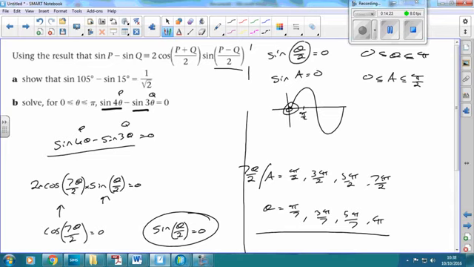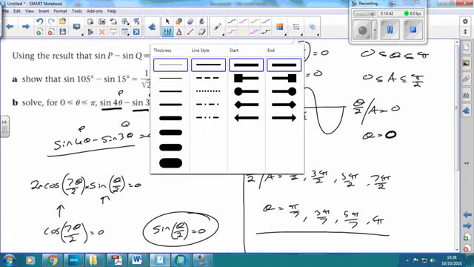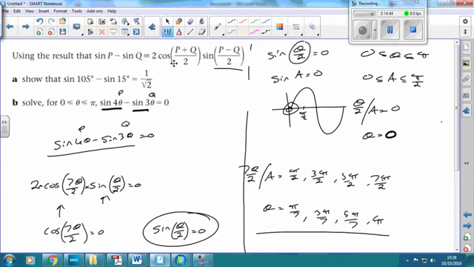There's only one solution, which is 0. A equals 0. Remember, we replaced a with theta over 2. So theta, we need to times your answer by 2, so that's still 0. So the solutions for that are going to be these ones, and also theta equals 0.